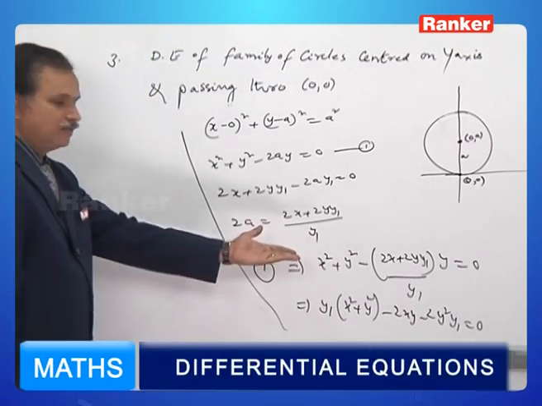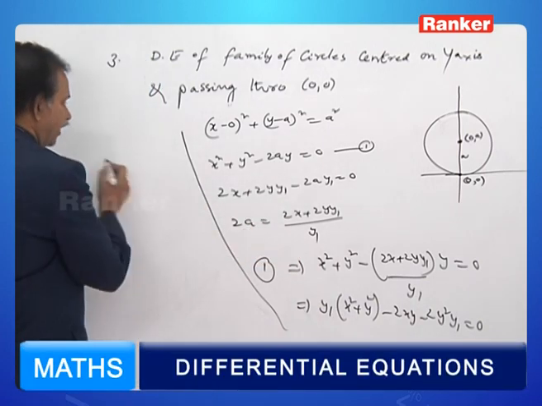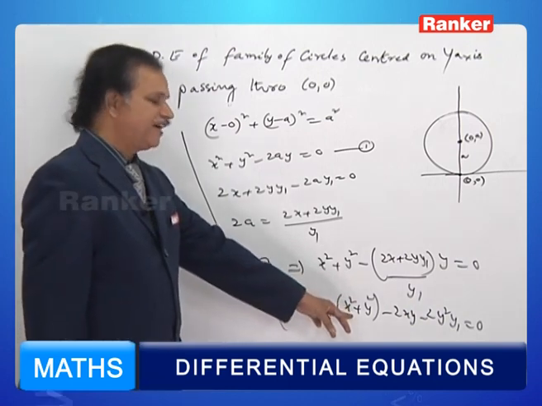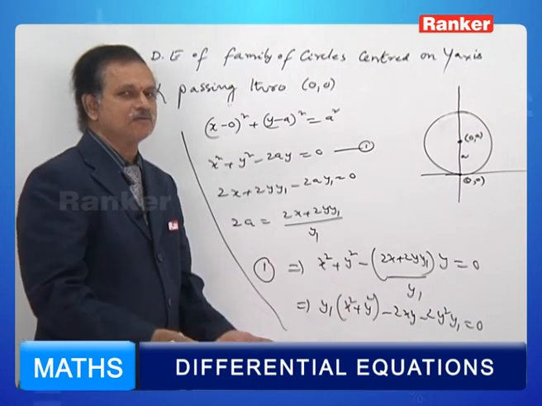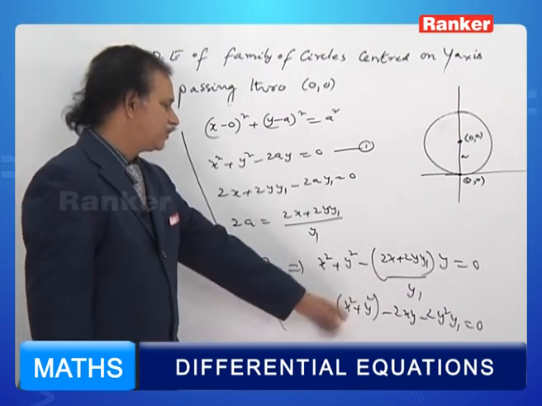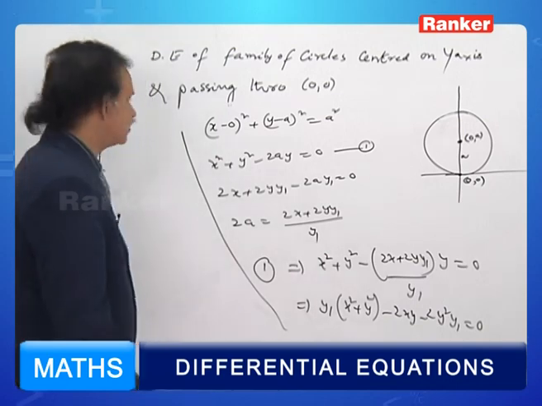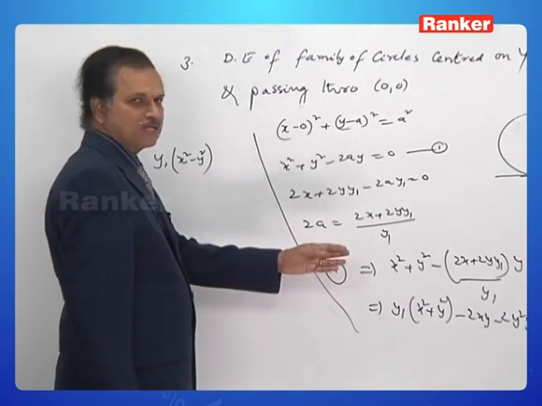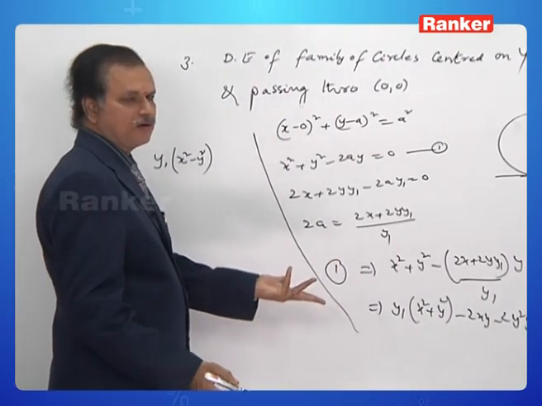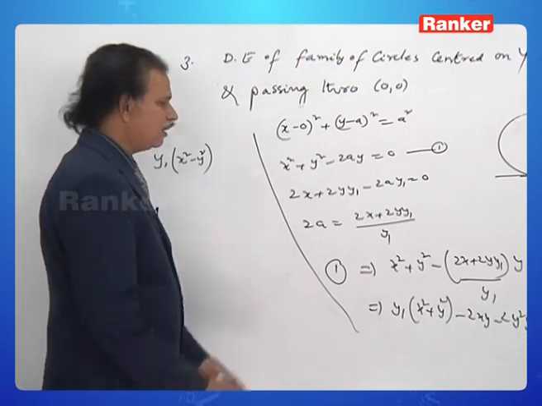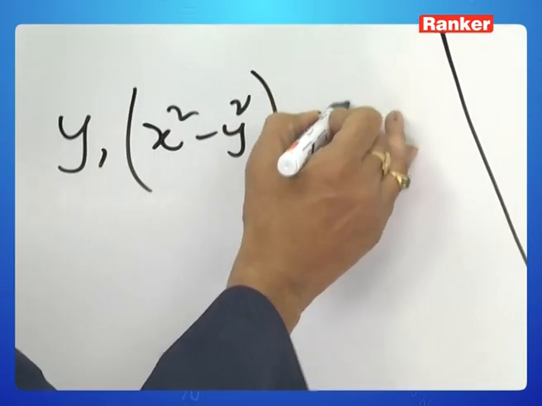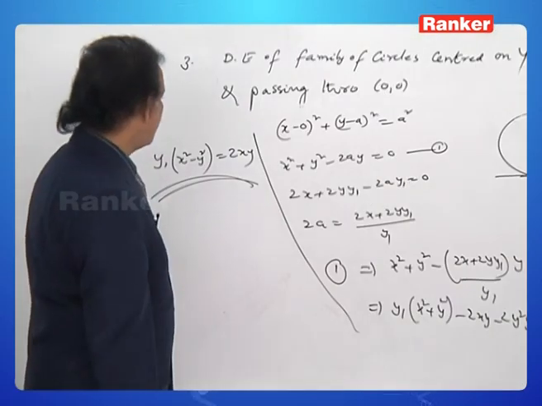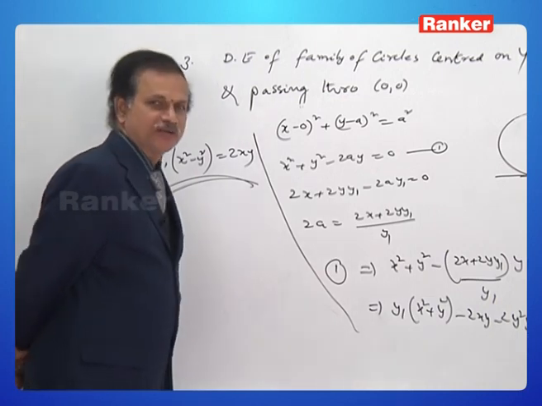What happens? x square plus y square minus 2y square, which is nothing but x square minus y square, and minus 2xy. As you like it, if you want to retain it here itself, retain it, or otherwise throw it that side. It is 2xy. So y1 into x square minus y square is equal to 2xy.